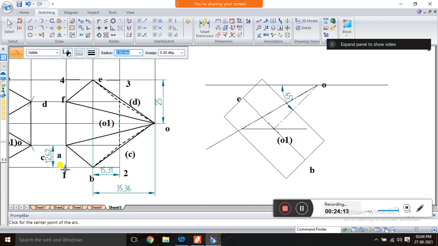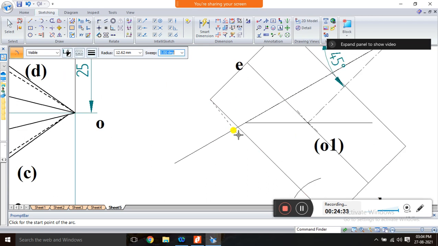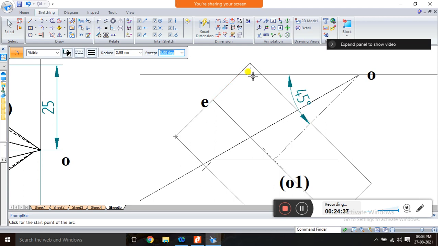Or you can place on 1 and stretch up to A. So place it, and that 12.62 is the arc. Like this you have to cut. Same from 4 also, cut another arc, and from here also place it and 12.